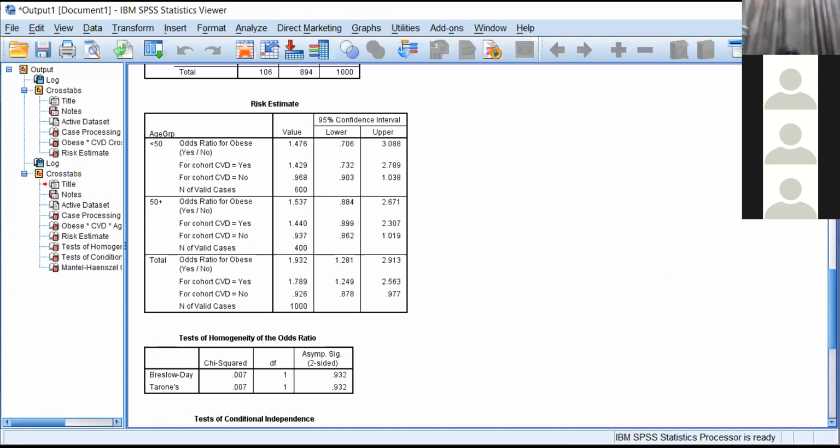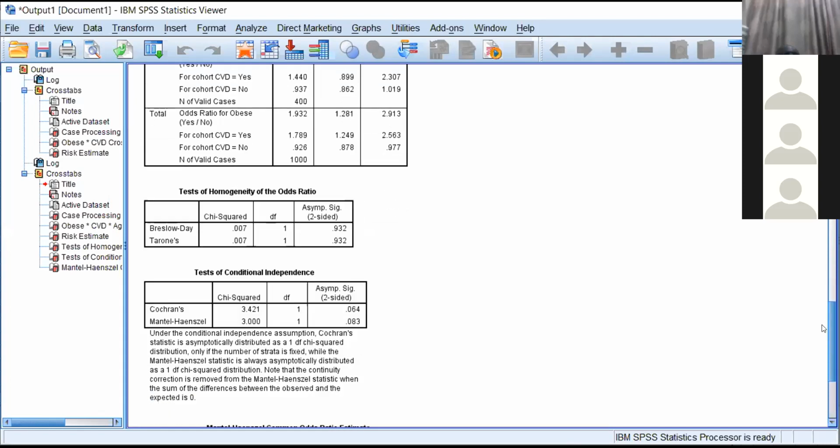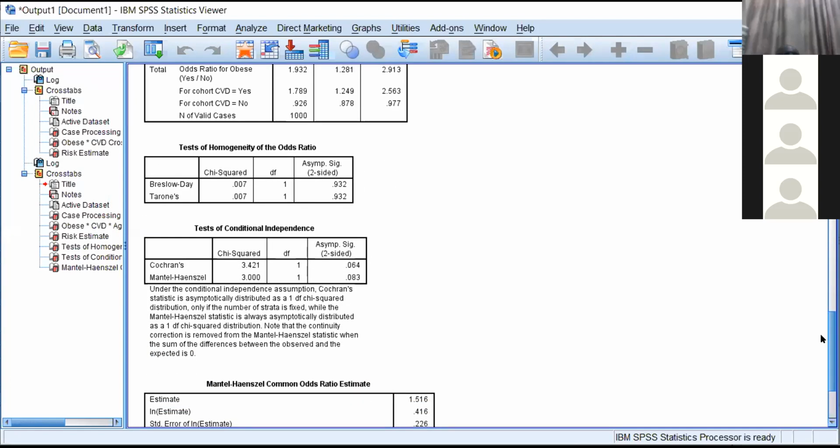The next table is the test of homogeneity. Look at the homogeneity test. We try to see, are they different? This is the Breslow-Day test.